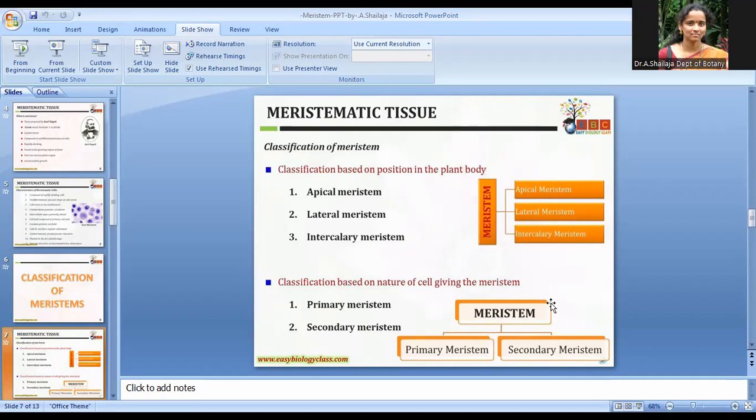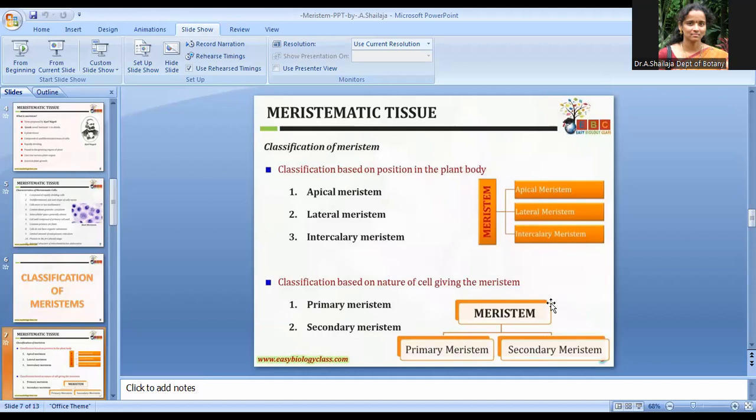And the intercalary meristem is present between the nodes, in the internode. That is called the intercalary meristem. These are the three types of meristem based on position, only places.